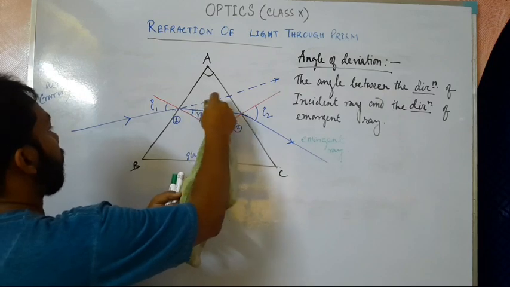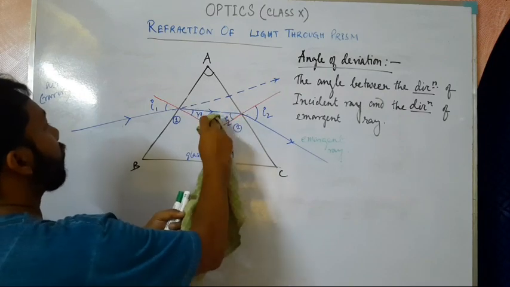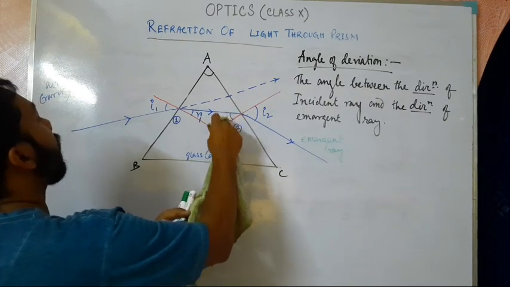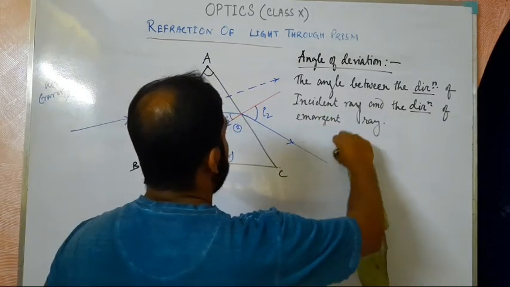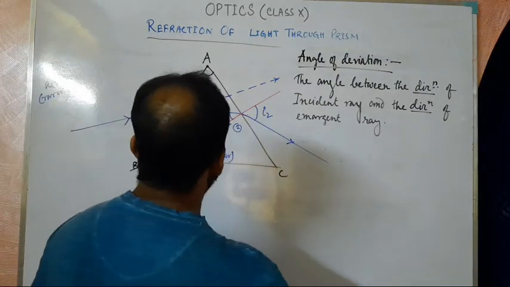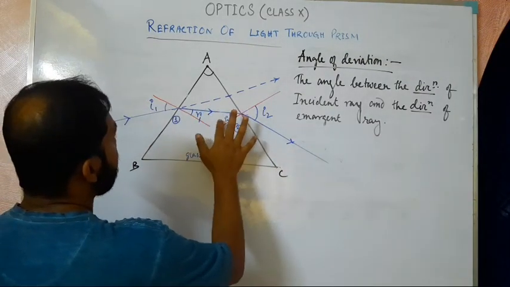I am just using the advantage of the board, since I can rub it out. So this is only the ray diagram which is left.